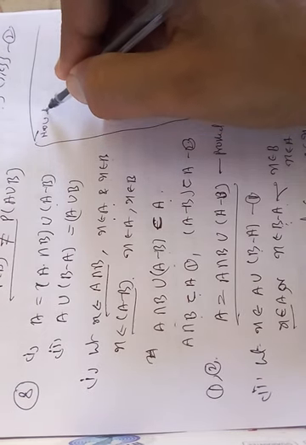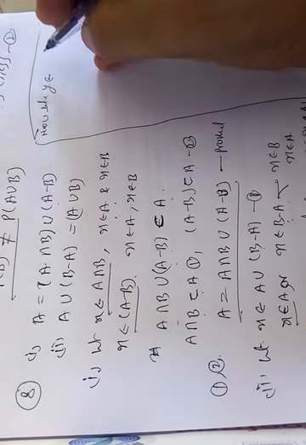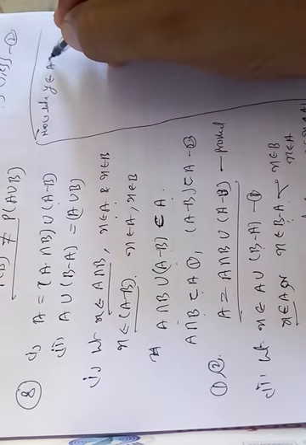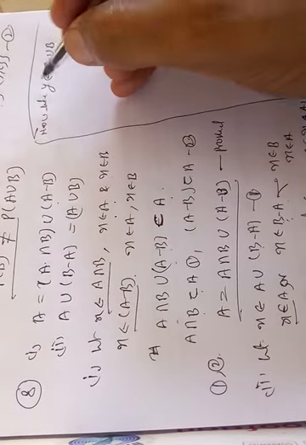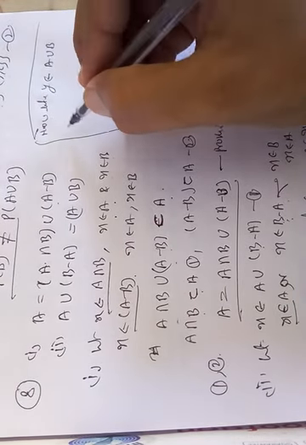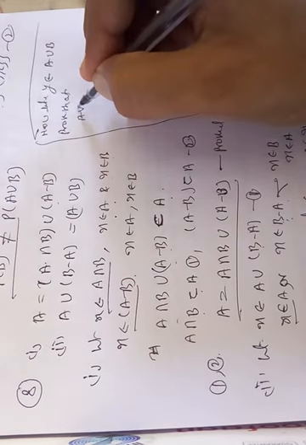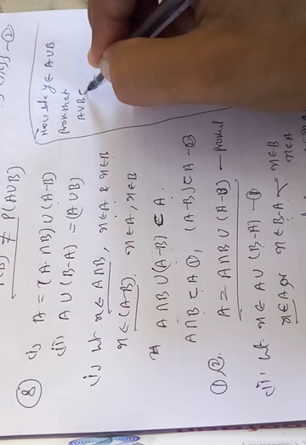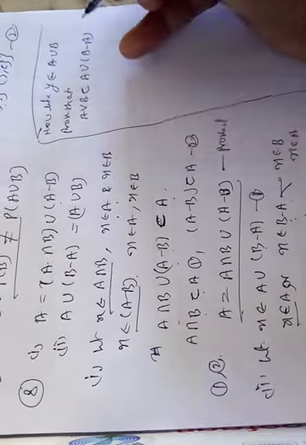Now let y belong to A union B, another element. Prove that A union B is a subset of A union B minus A.